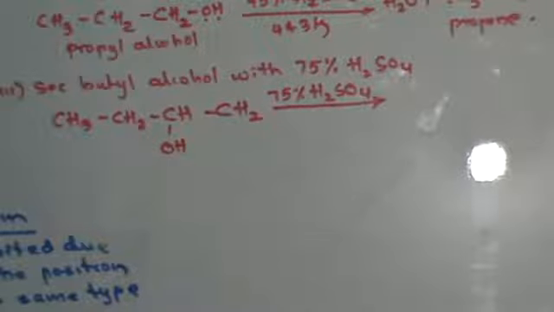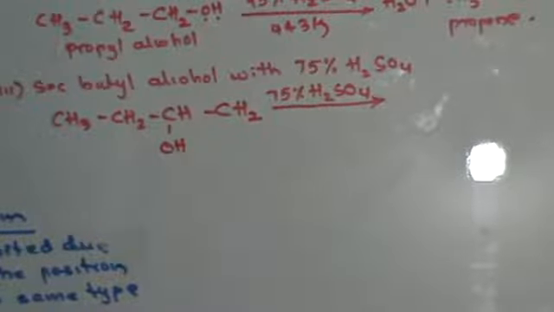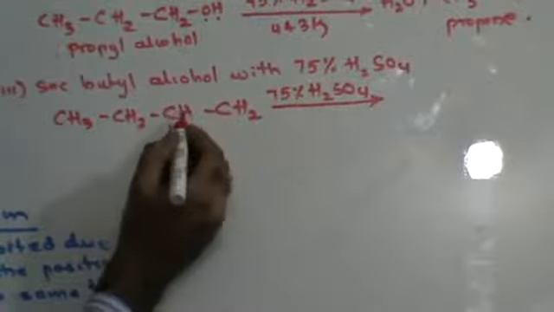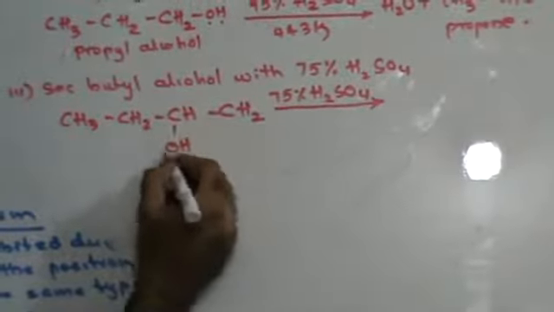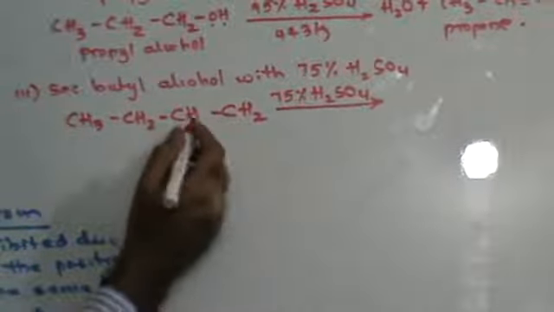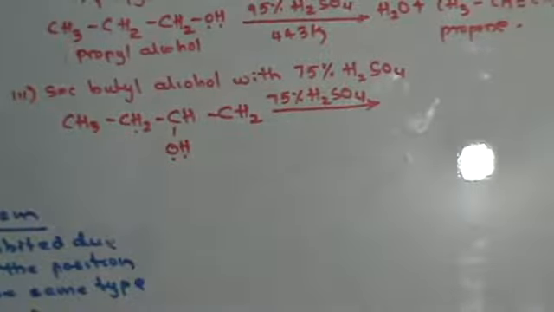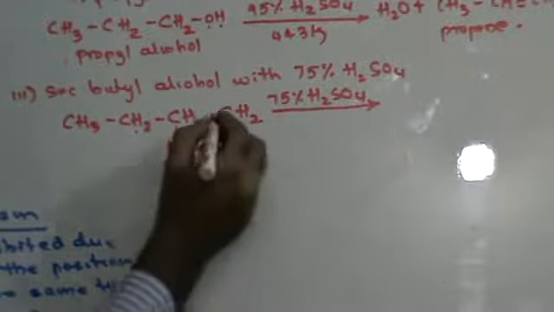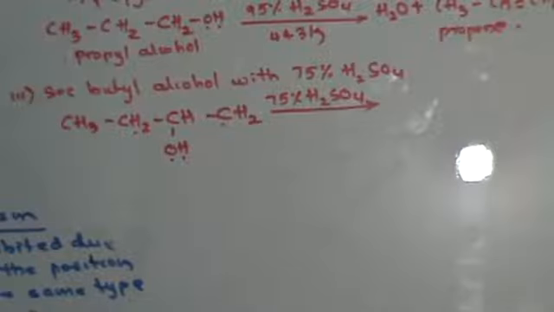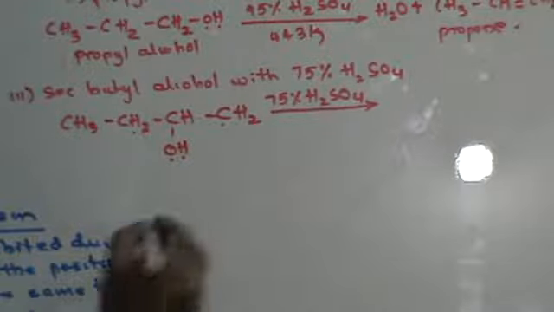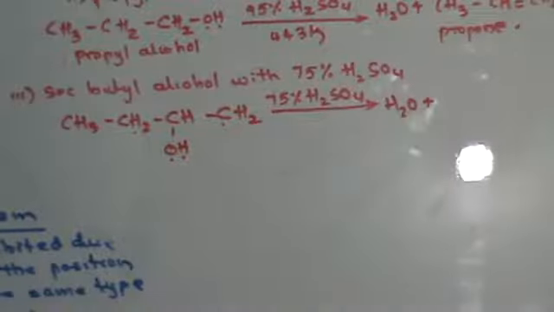That means here is my alcohol, so OH is definitely being removed from here. Now I could either remove hydrogen from here, or I could remove hydrogen from here. First let me remove the water molecule. That will leave me with CH3.